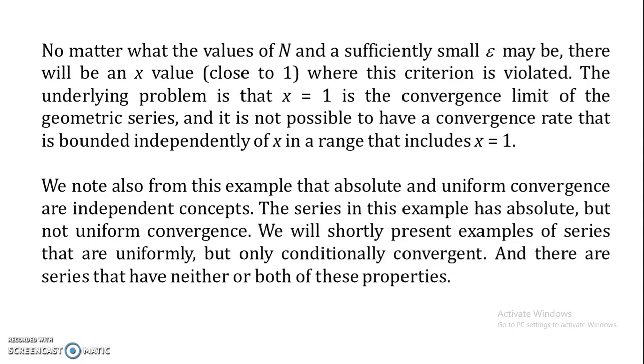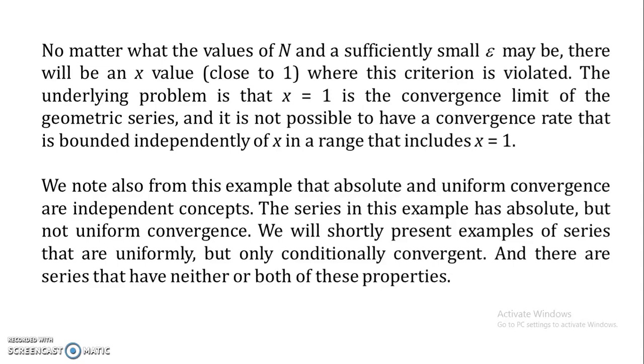The underlying problem is that x equal to 1 is the convergence limit of the geometric series, and it is not possible to have a convergence rate that is bounded independently of x in a range which includes x equal to 1. Also, we note from this example that absolute and uniform convergence are independent concepts.